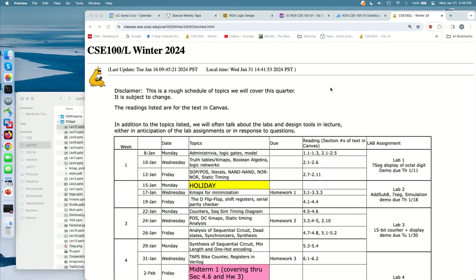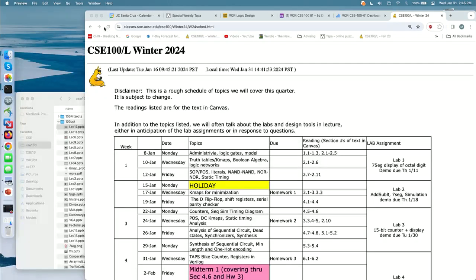You have components that do specific things, and you're going to need to organize your design with a state machine telling all these components what to do. And so we'll do a design like this.